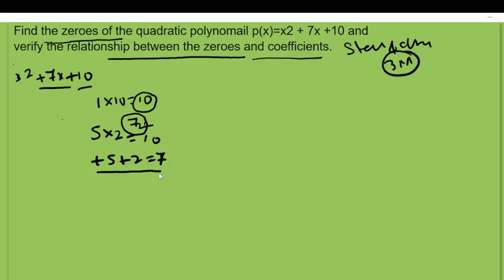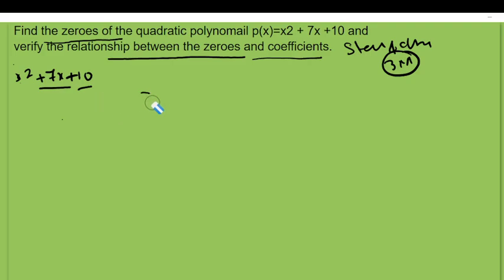Now we have the two integers 5 and 2. In that way we split up the middle term.